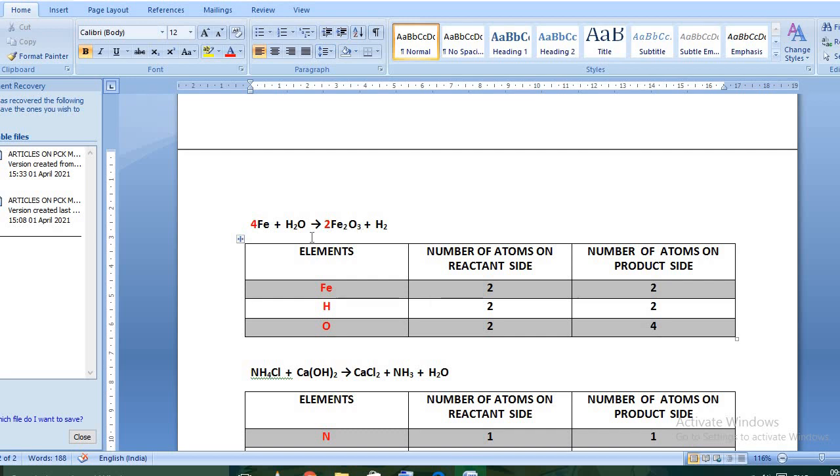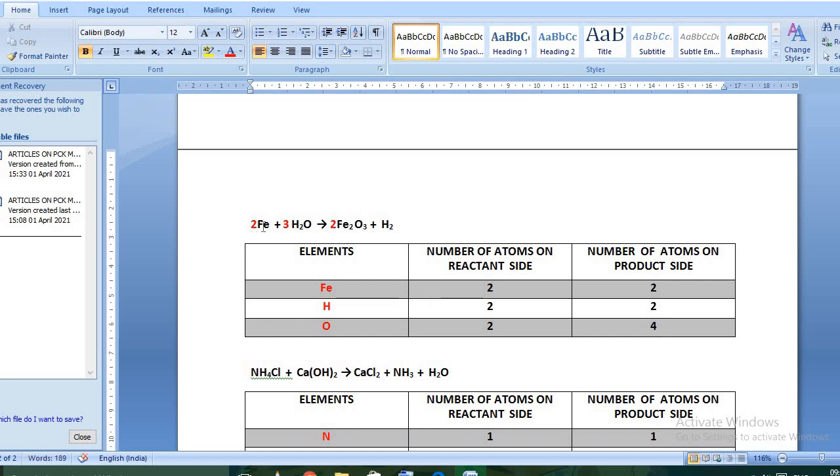Here only one oxygen is there. So by this hit and trial method we are balancing. So instead of 2 here, we put 3 here, and by that it was not balanced.